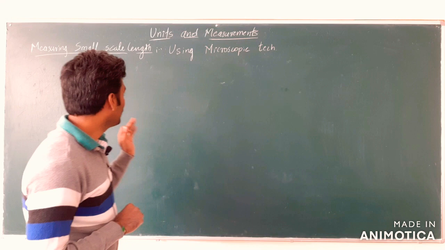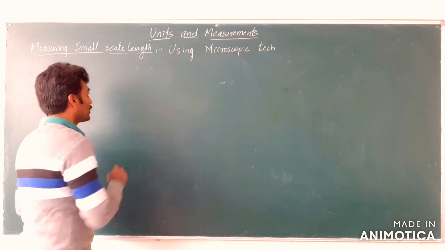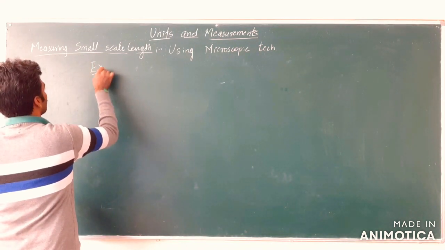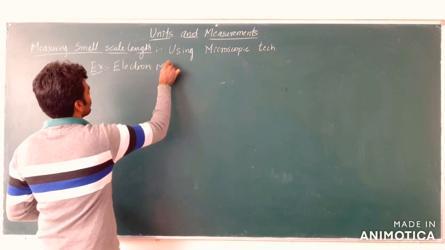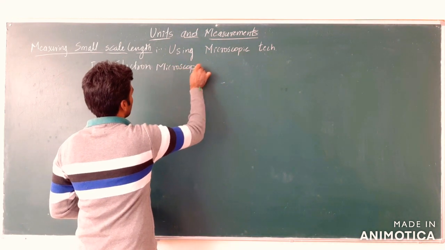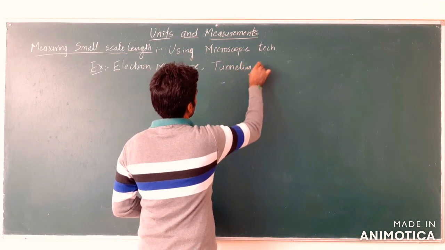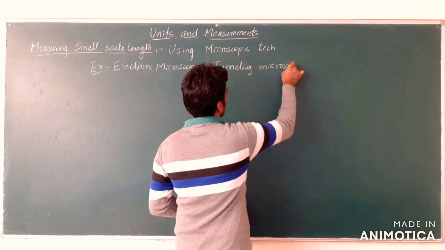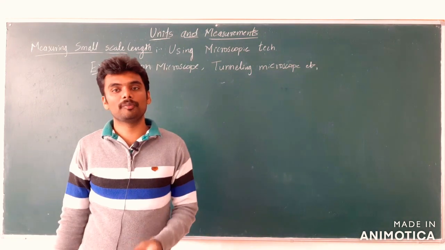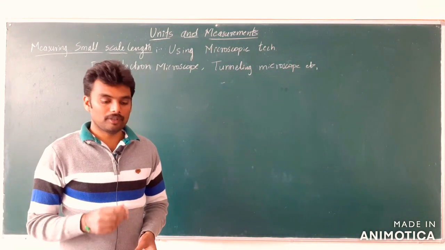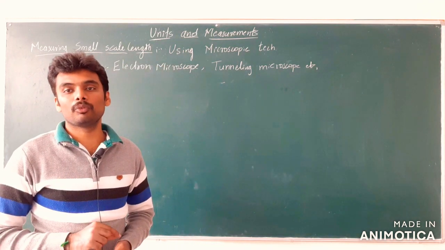Examples of the microscopes that we make use of to measure the size of molecules and atoms are the electron microscope and the tunneling microscope, etc. These are a few examples of microscopes used to measure very small lengths, like the size of an atom or molecule.